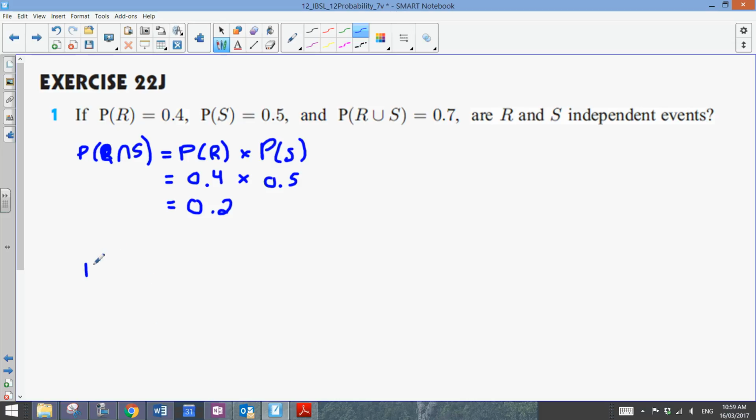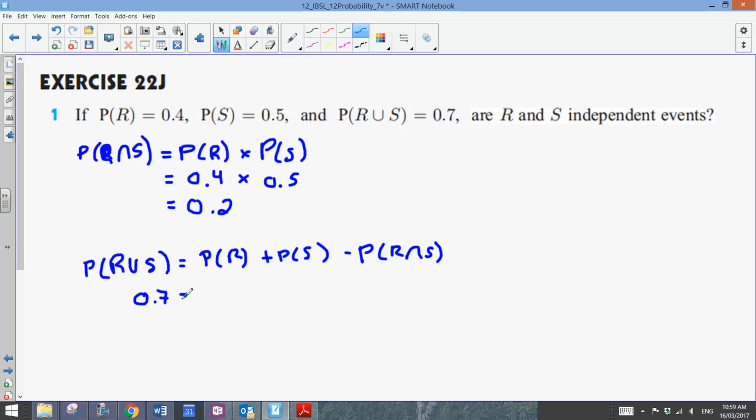So what we actually need to test is whether the union of R and S equals the probability of R plus the probability of S minus the intersection of R and S, which we found as 0.2. You should always be given at least enough information to check for this. So I've been given 3 out of the 4 items: 0.7, 0.4, 0.5 minus this value here for the intersection.